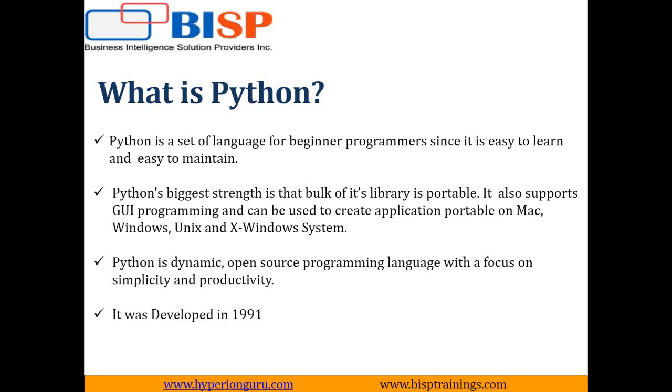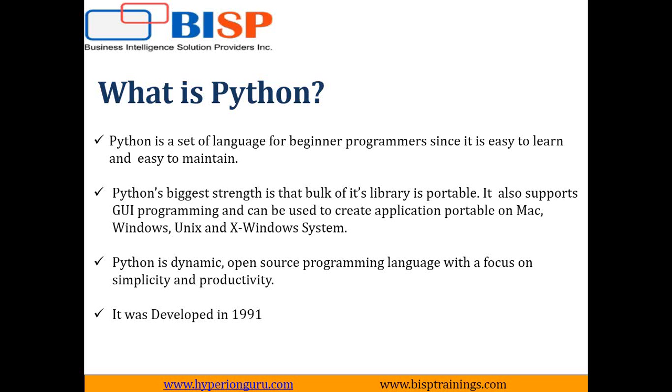Python's biggest strength is that the bulk of its library is portable. The libraries which are used to write and build programs are portable. We can quickly import all those libraries into the machine where we are going to use that Python code.